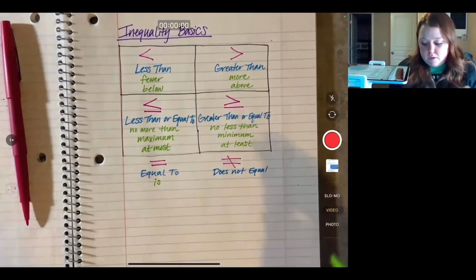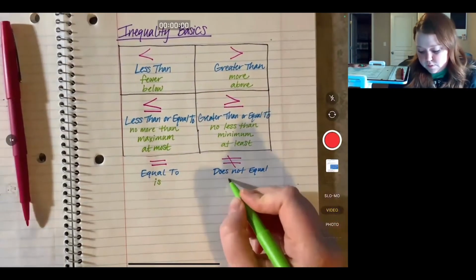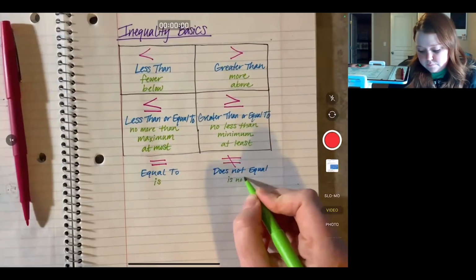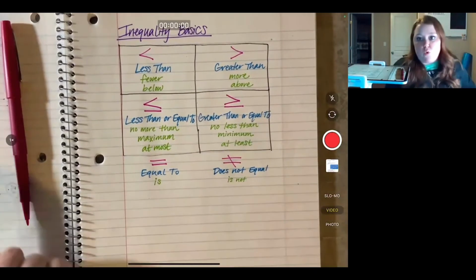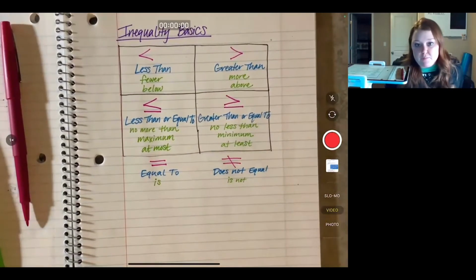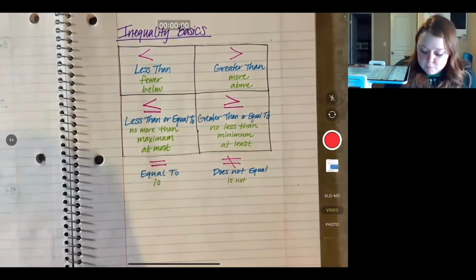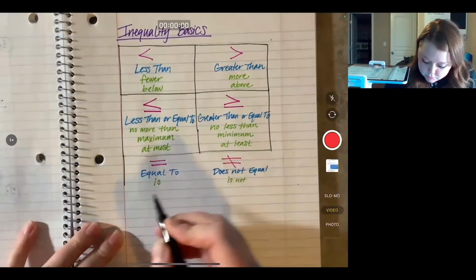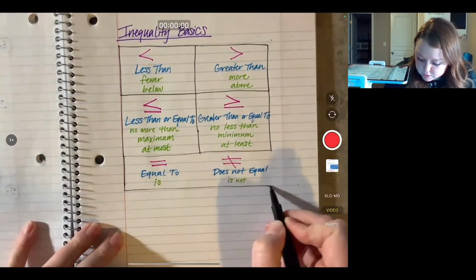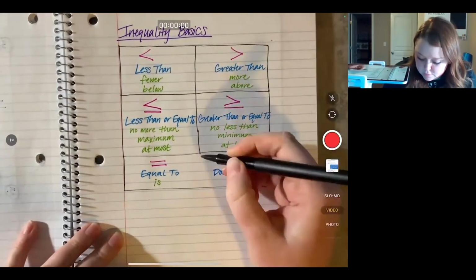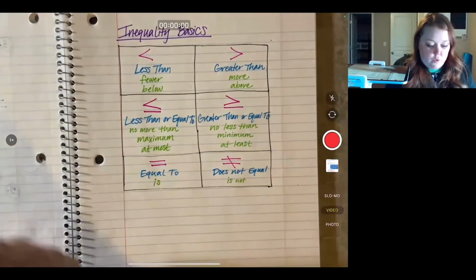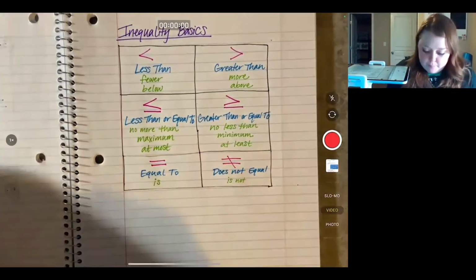So this might be is not or not equal, something like that. Okay, so those are the main symbols. You might need to refer back to this chart for things you're going to be doing today in the notes or on your homework or in class.